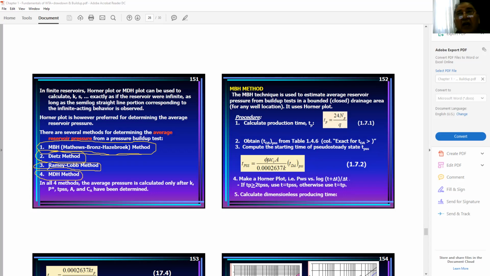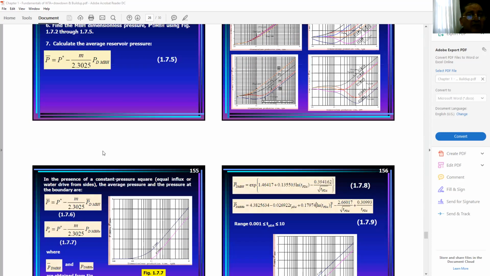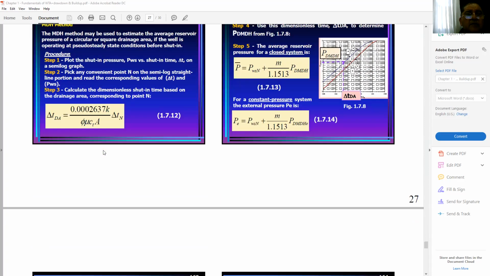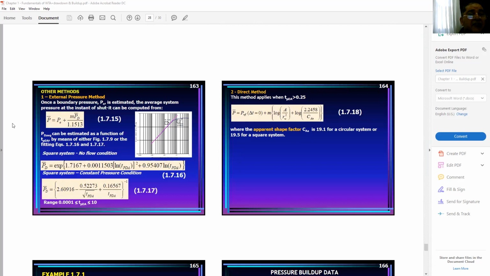And of course, we do have two more techniques, but they are not really well known like the four. These two are the external pressure method and the direct method.